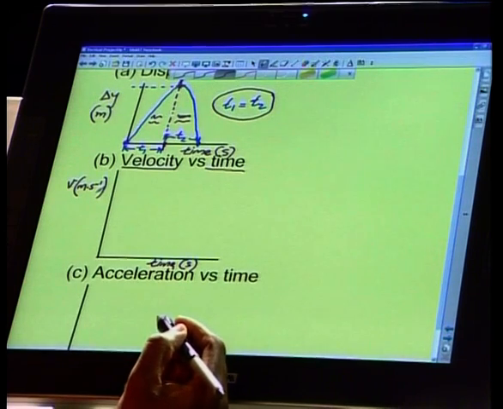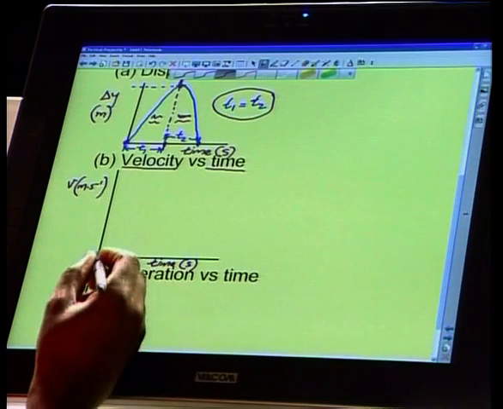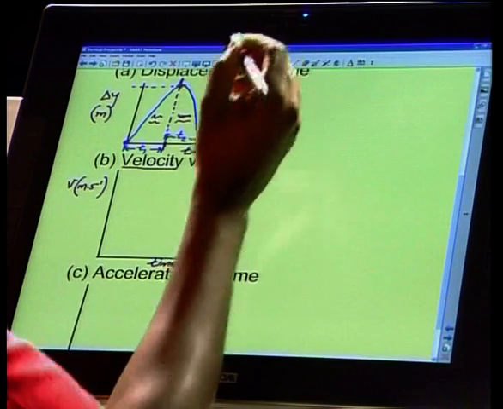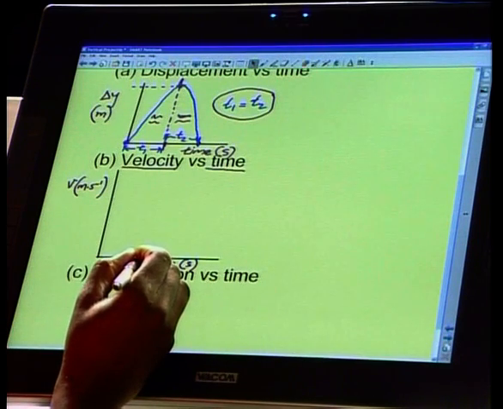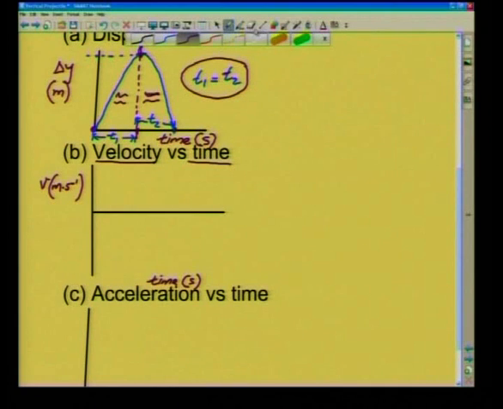Now, there is something very important I need to explain here. If this line there is the time axis, I want to put it somewhere in the middle so that I can explain clearly what I want to say to you here.